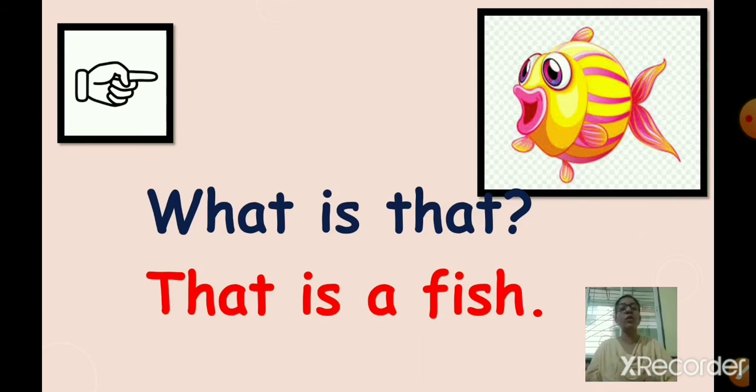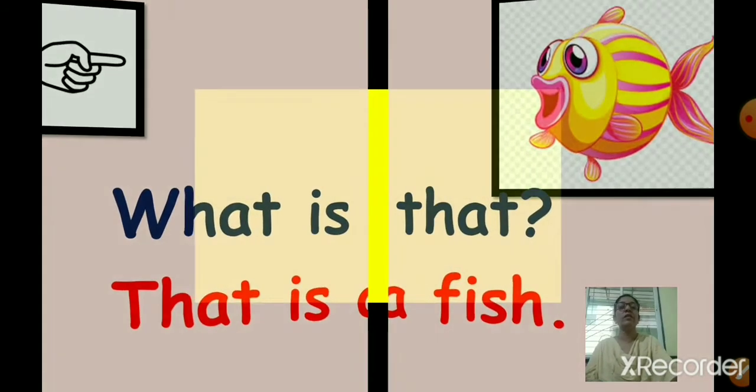That is a fish. When you are pointing out a far object, thing or animal, we use that. The fish is far away from you, so you are using that. What is that? That is a fish. Okay. Next example.